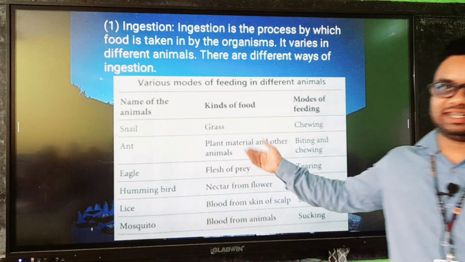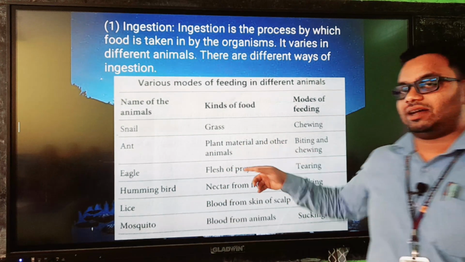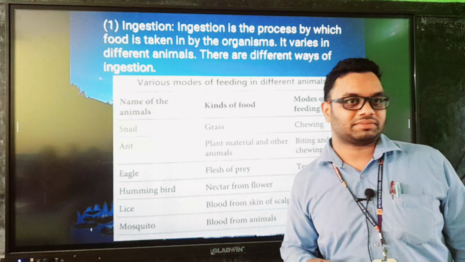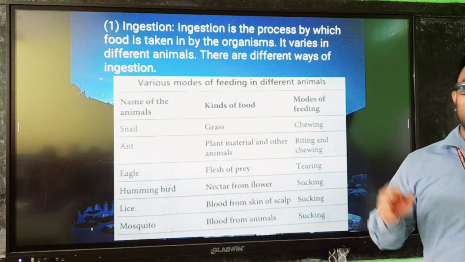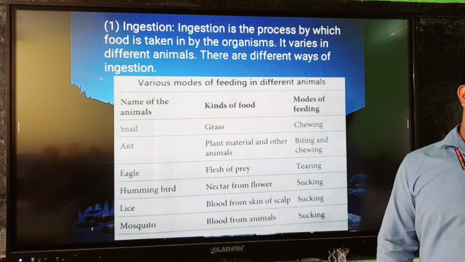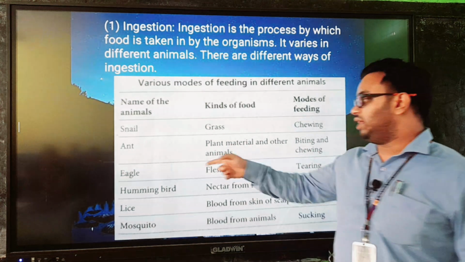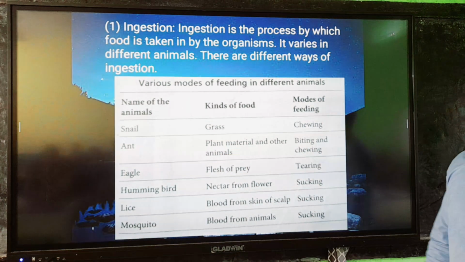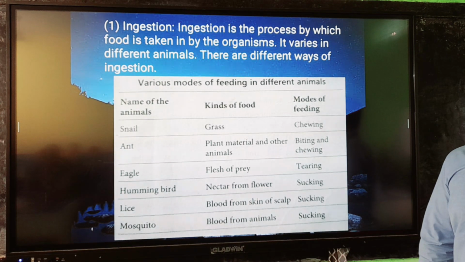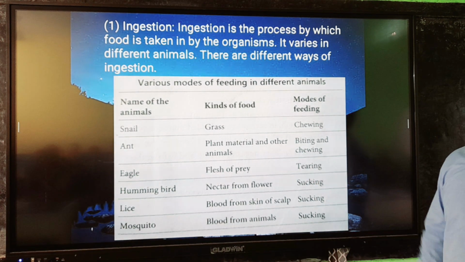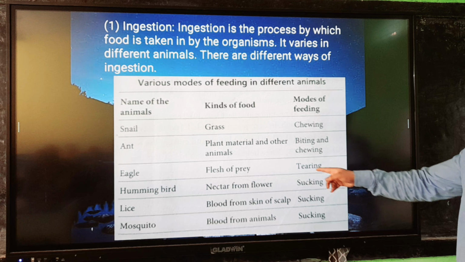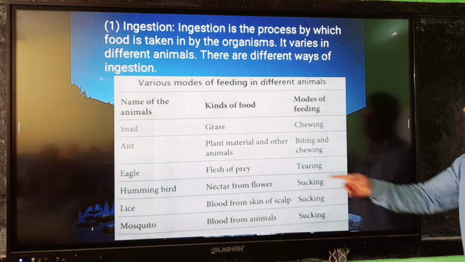Carnivorous are flesh eating animals and scavengers, yes, they eat the dead animals. That is called scavengers. So the eagle eats flesh of prey. Eagle will eat flesh. And then what is the mode of feeding? Tearing.